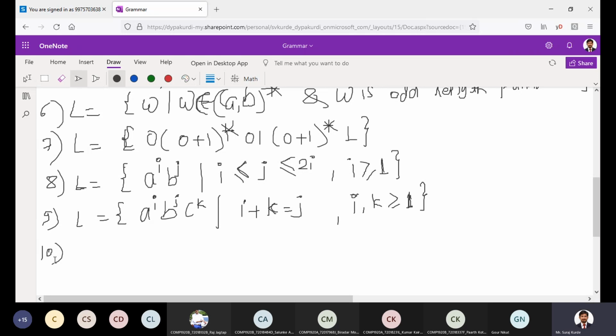So here the number of b is equal to the number of a plus the number of c.